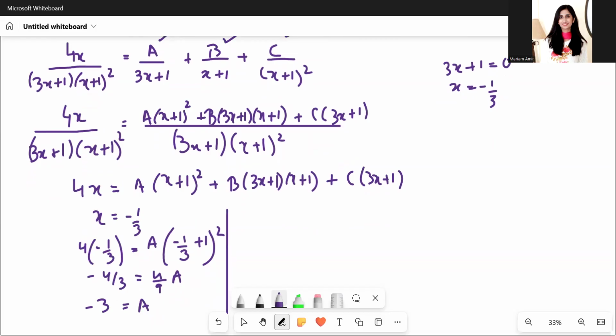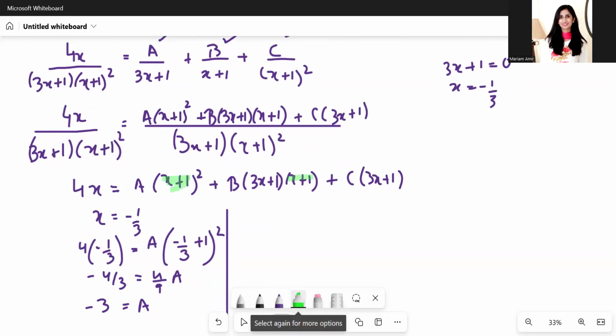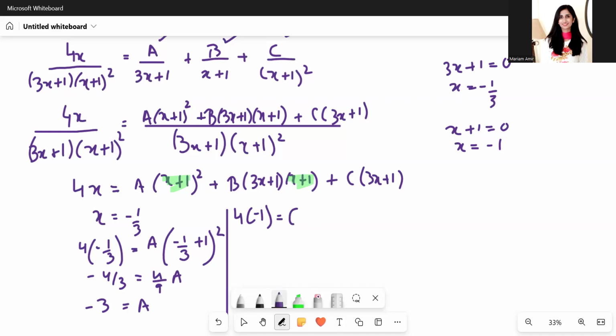Okay. Now let's find B and C. Next we can make these 0 by equating it to 0, which means x should be equal to negative 1. Okay, so we'll write 4 times negative 1 equals, A will get multiplied with 0, it gets eliminated. B will get multiplied with 0, it gets eliminated. And for C, we'll get C times 0 plus 1, which gives us C equals negative 4.